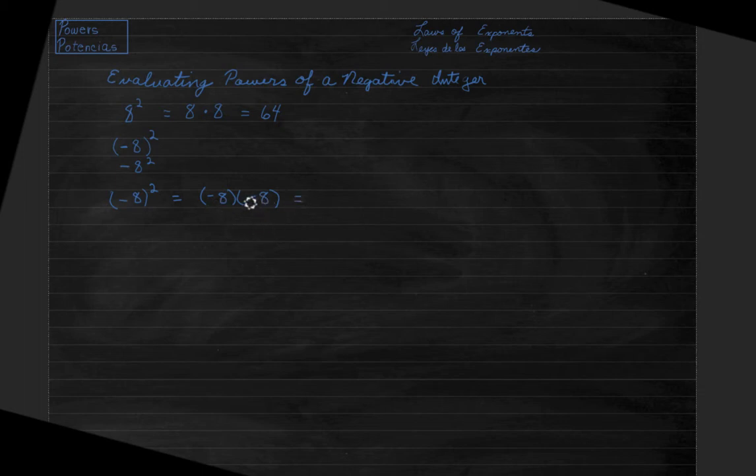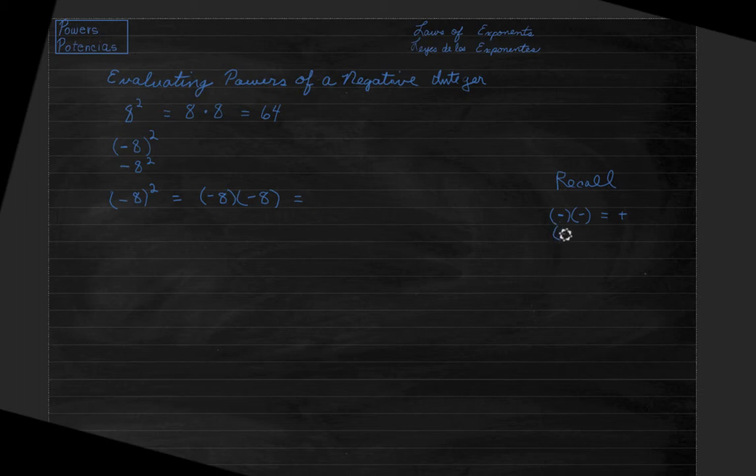Now, in order to multiply, we need to know the rules for multiplying positive and negative numbers. The rules say that if we multiply two negatives, a negative times a negative, I will get a positive.